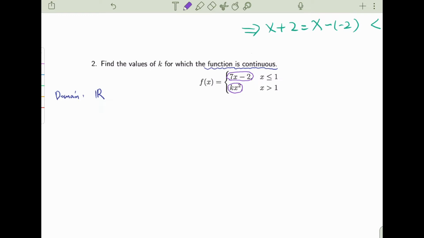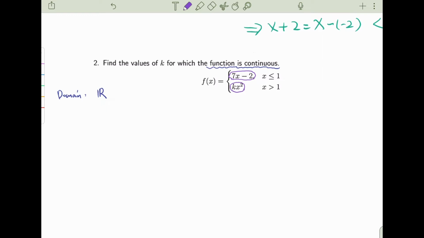The polynomial functions, all these functions we have encountered, we give them a name. Those are called elementary functions. So these functions, they're all continuous within their domain. Okay, so it means that the only potential places where f of x may be discontinuous is at those breakpoints, where those pieces are joined together.